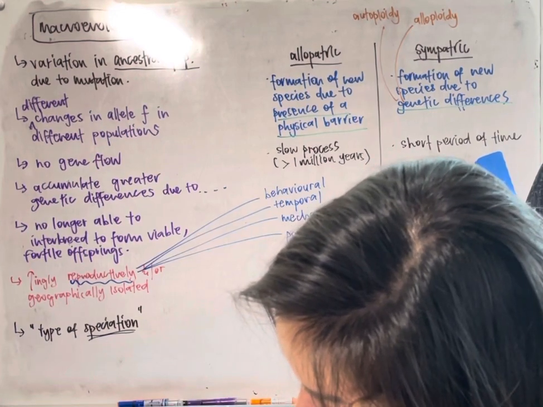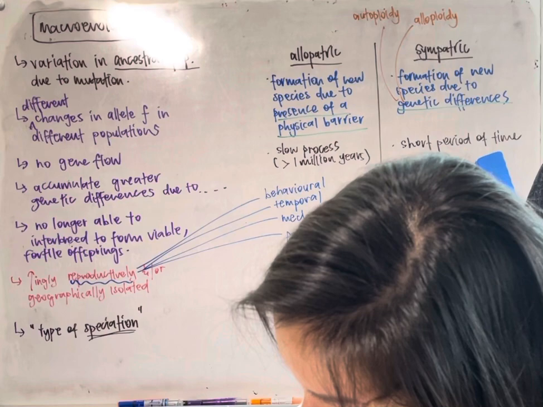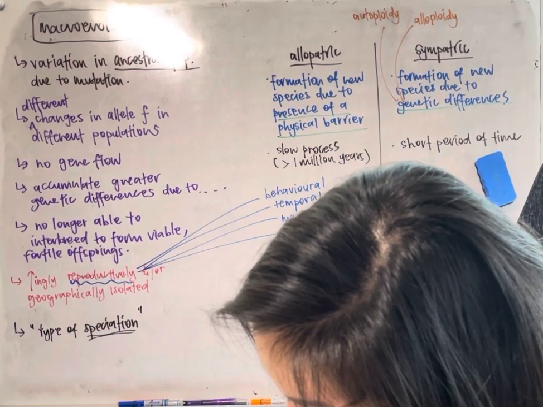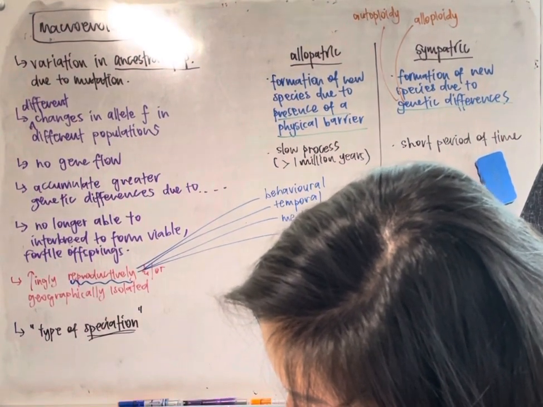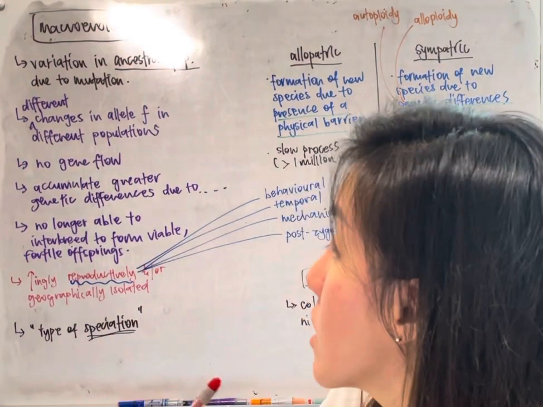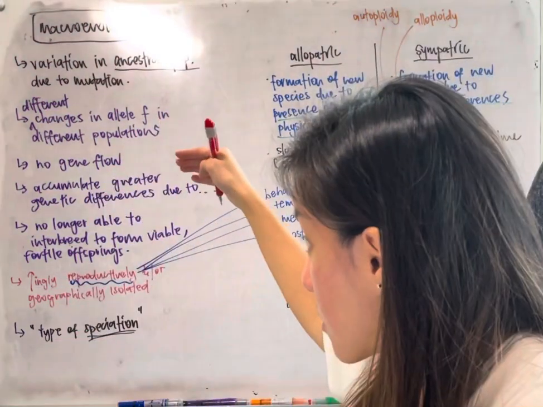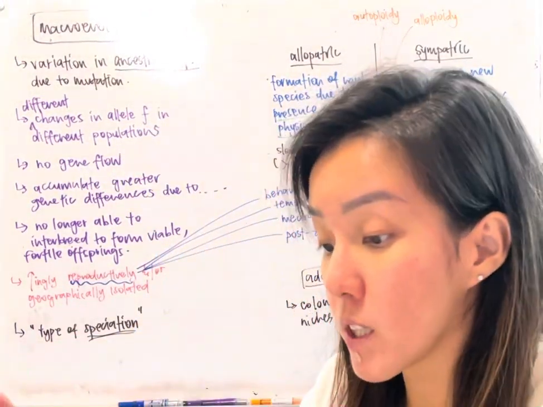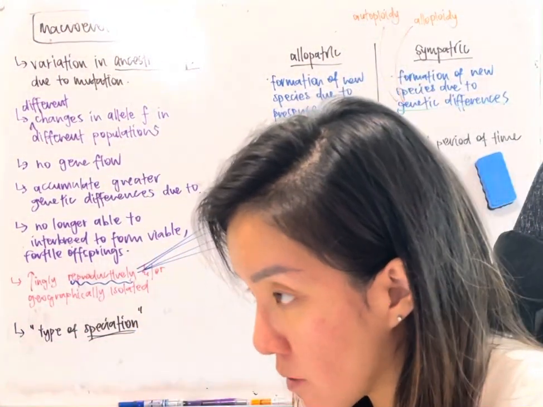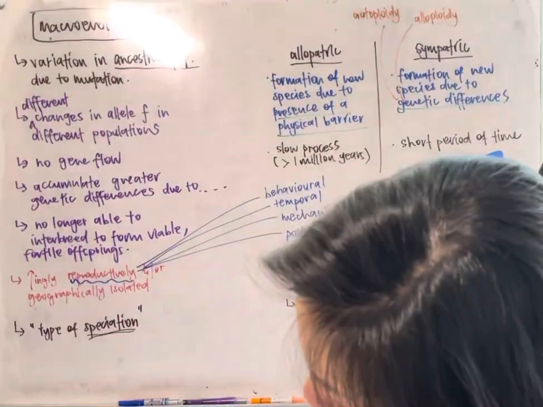Okay, fine. So again, once you have no gene flow, then you allow the accumulation of greater genetic variation. When I say no gene flow comes first, then you accumulate. Because when there's no gene flow, each population evolves independently of the others and changes allele frequency differently from each other.